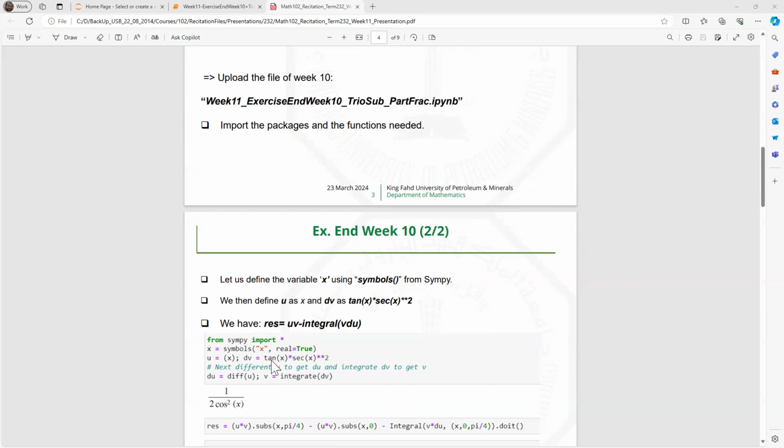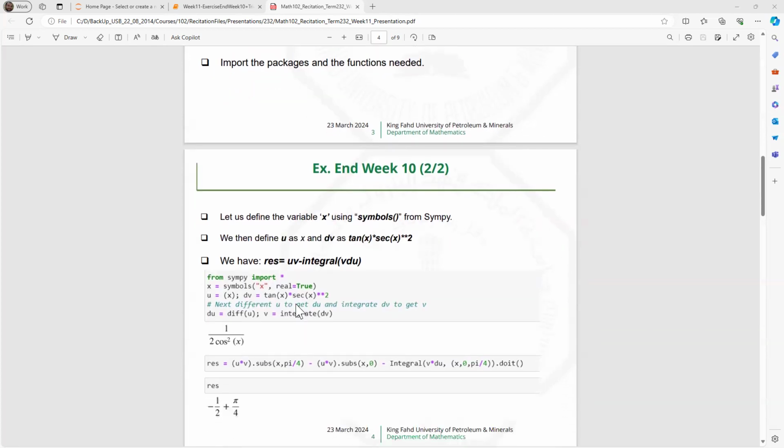Because we know that the derivative of tan is secant squared. One can already tell that it's like u times u prime. So previously we had u to the power 2 multiplied by half. So we'll define v as the integral of dv.